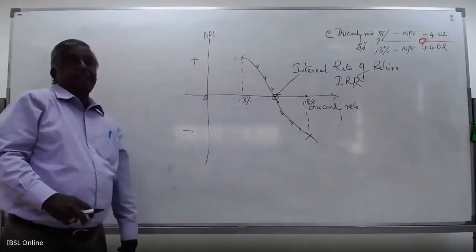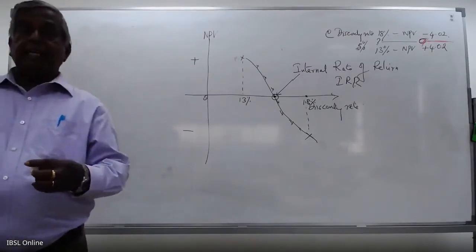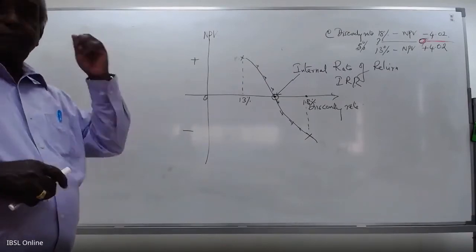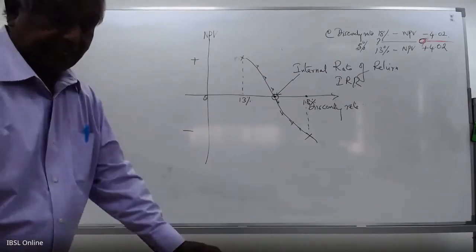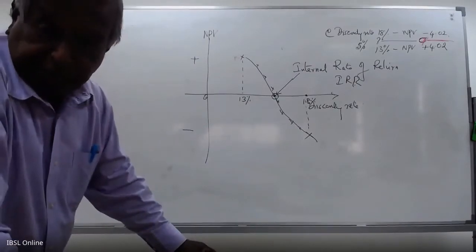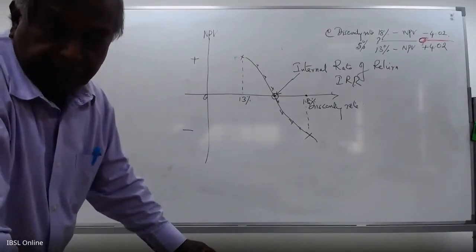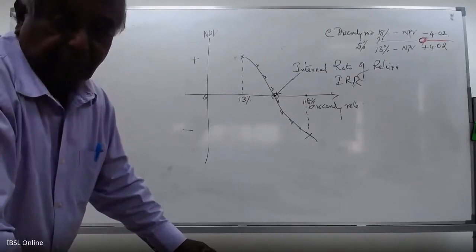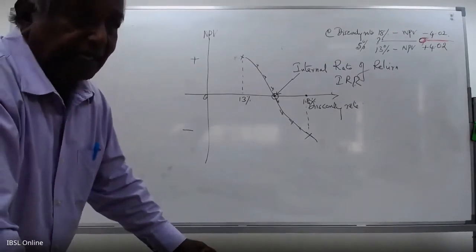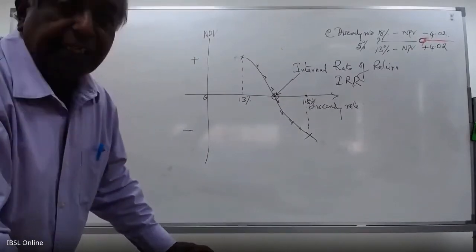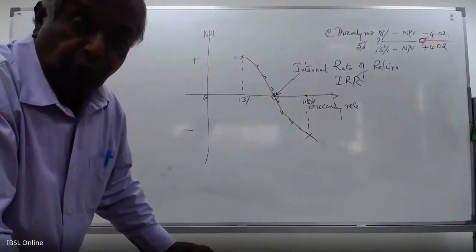When you plot NPV for various discounting rates, the point where the NPV is neither positive nor negative, that discounting rate is called the IRR. IRR is a discounting rate where the NPV is neither positive nor negative.